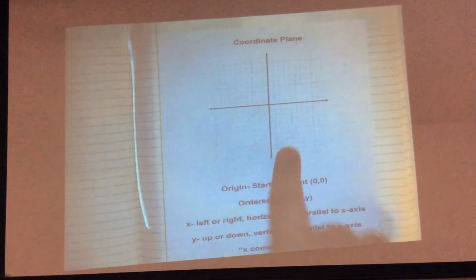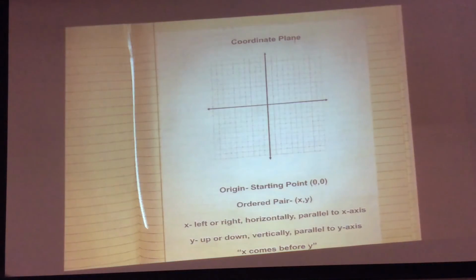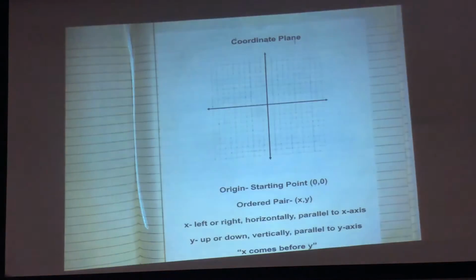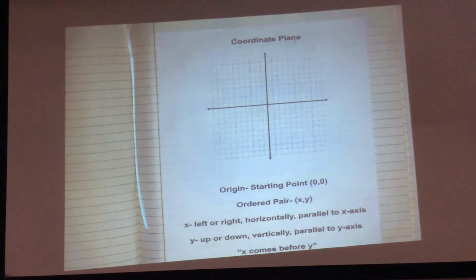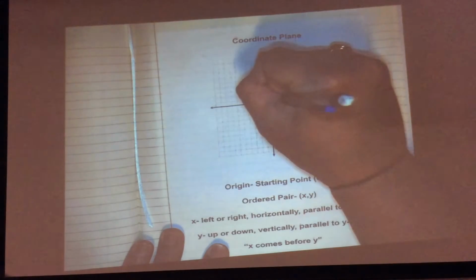You have these lines. I'm going to tell you what those lines mean in a hot minute. So the very first thing we're going to look at is called our origin. Our origin, no matter which quadrant you're in, is where you're going to start. So my starting point, my origin on this coordinate plane is right here in the middle.